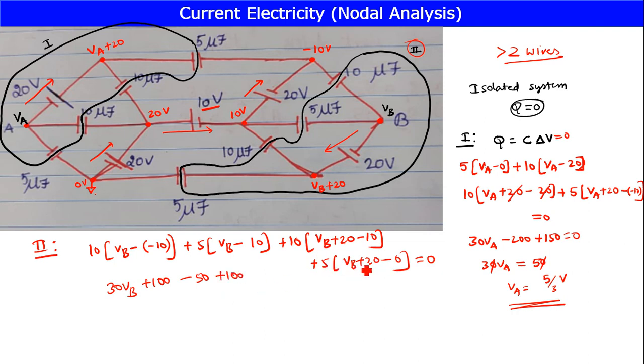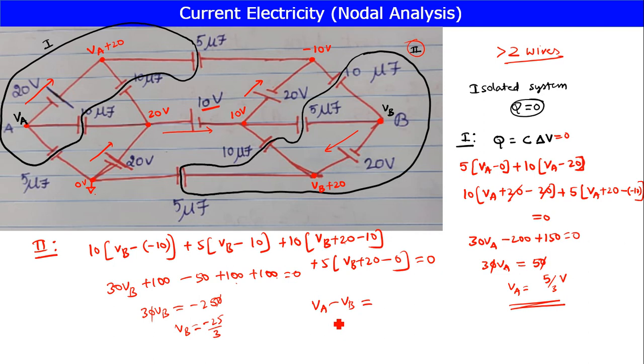Okay, next 5 20s are 100 is equal to 0. Now here 30 VB, this is a 100 plus 100 plus 100, 300 minus 50 is nothing but 250, and that will come out to be minus 250 on the other side. This 0, that 0 gets cancelled. VB is nothing but minus 25 by 3, and he is asking for VA minus VB.